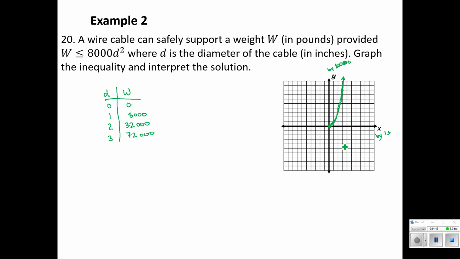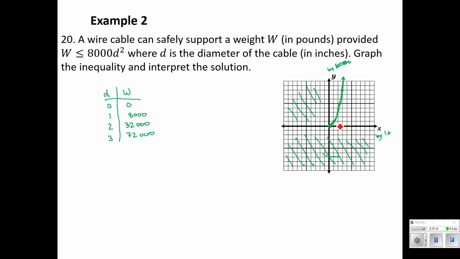All right, now if y is the weight, just think about that. Then I don't want a negative output, right? Again, we can't have negative weights. So this whole part is not included in the graph, nor is this part. We're really only looking in quadrant 1 where we would have a positive diameter and a positive weight. So I'm just going to change colors here really quickly.